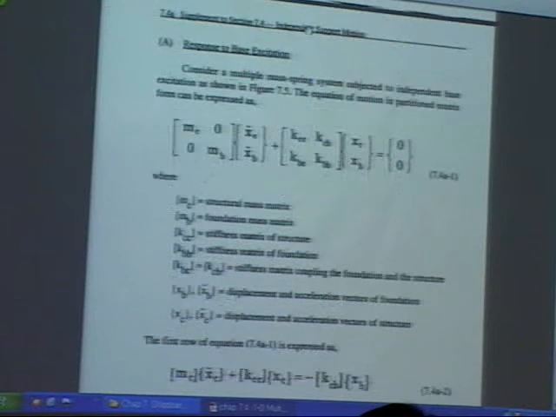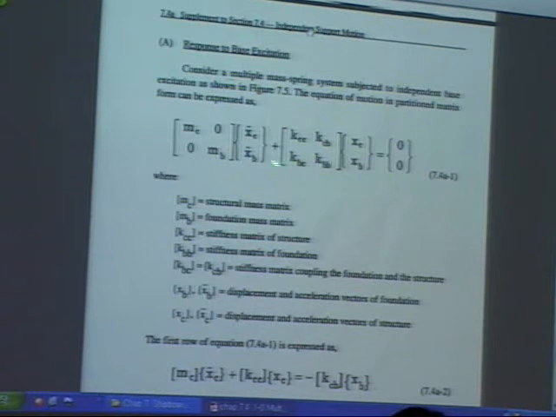Okay? Then you can say that the equations of motion you can spell out this way. XC is the displacement and acceleration vector of the structure.